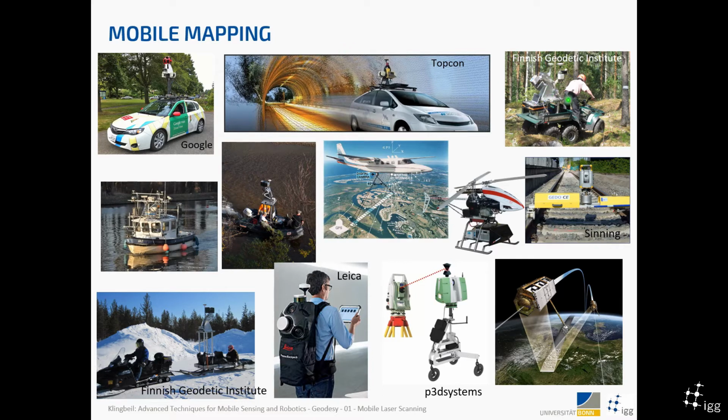Then there are some more research oriented devices like this here, which is driving through the forest, or boats to measure the structure below the water surface, and at the same time at the border. Then you have also again here something in the snow, and you can have flying.